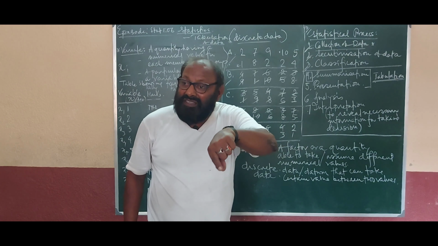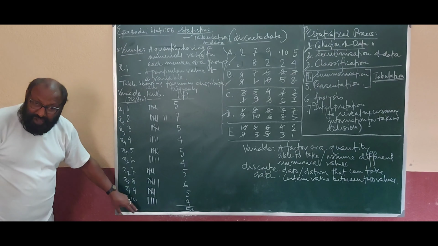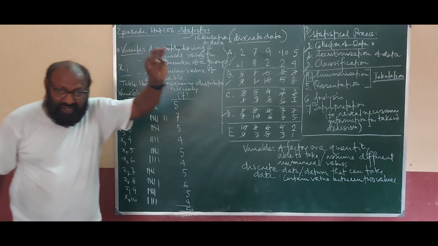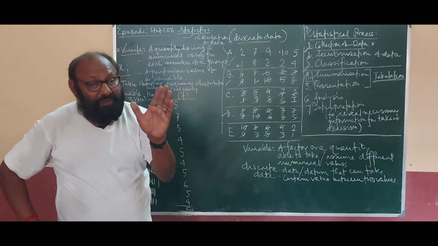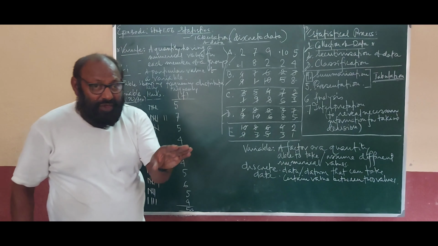How many observations are over here? We have got 10 observations, no? 1, 2, 3, 4, 5, 6, 7, 8, 9, 10. These 10 observations have occurred 50 times in total.